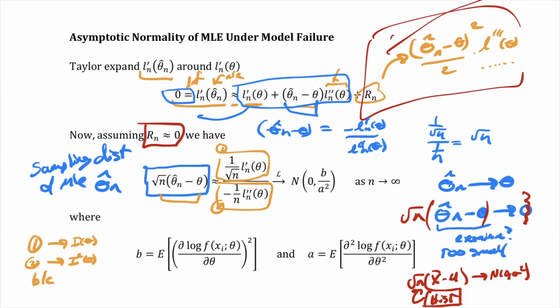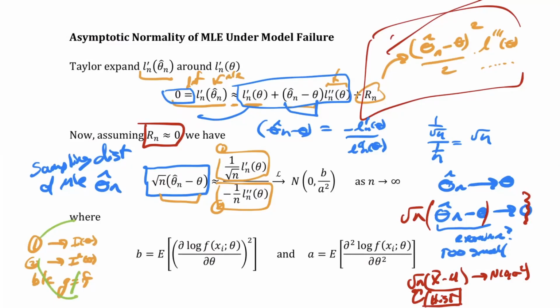And that was because G is equal to F, the true model is equal to the working model. I'm not going to make the assumption that the true model is correct here. And so because I'm not doing that, I want to see where 1 goes and where 2 goes when G is not equal to F.